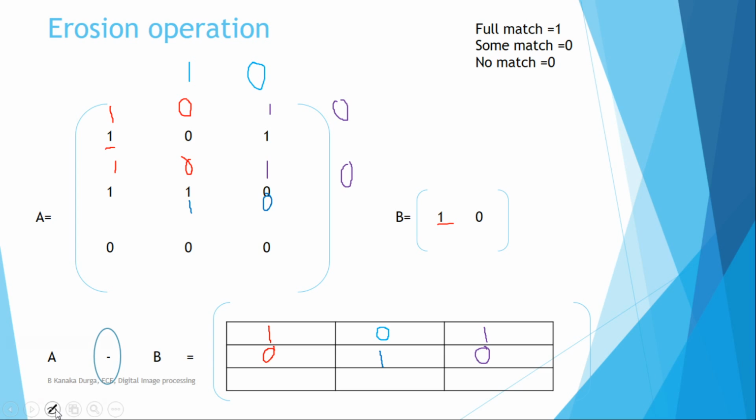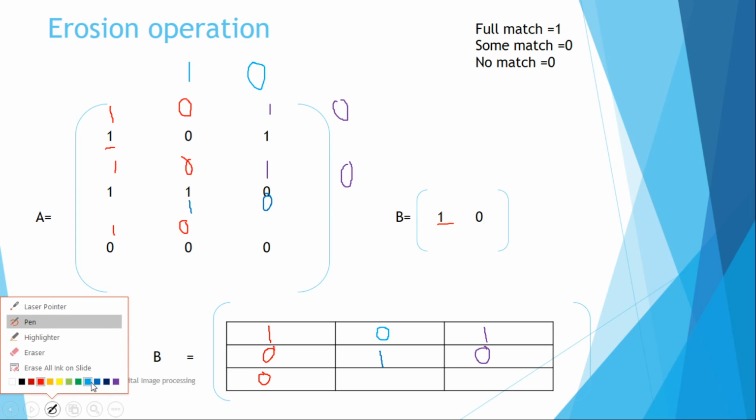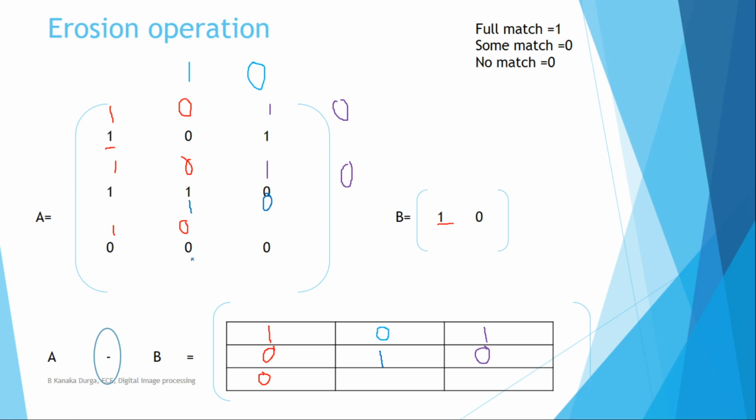And the next case, 1 0 itself does not match, the resultant goes to 0. Here 1 0 also does not match, the resultant goes to 0.